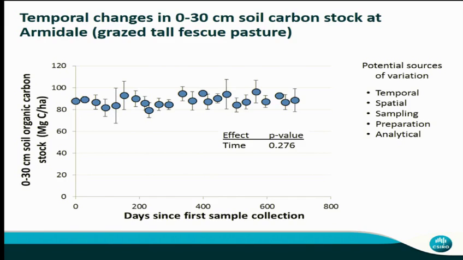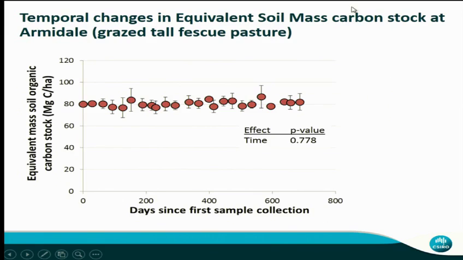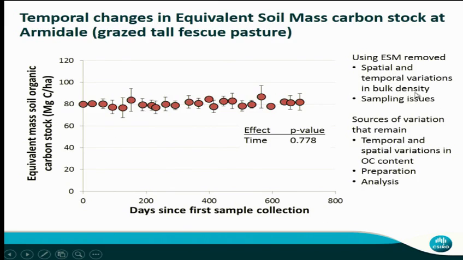But the problem is that it's not necessarily a true temporal trend, because there are all these other sources of variation confounding it. If we do the equivalent mass calculation, that actually takes care of any spatial variations in bulk density and depth and all that sort of stuff. That gets rid of all of that. And what you can see is things tighten up.